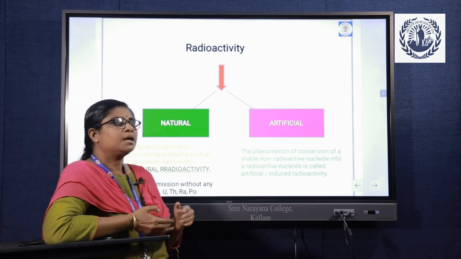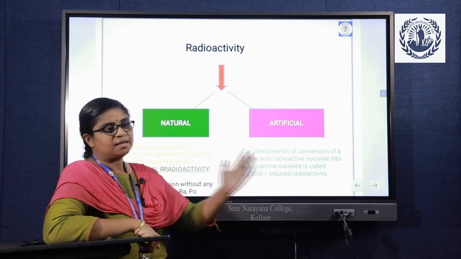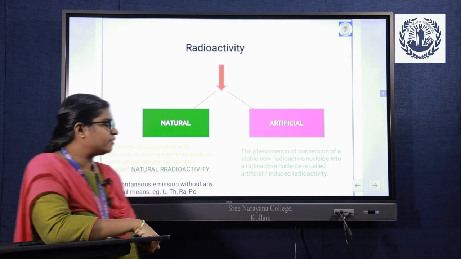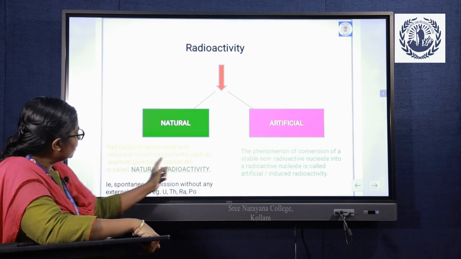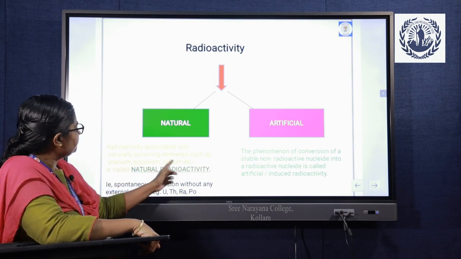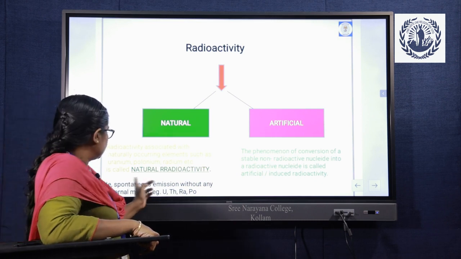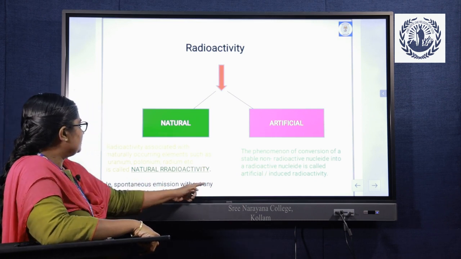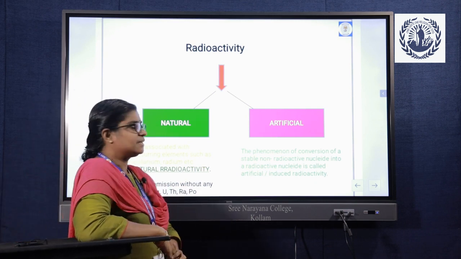Its atomic number will be surely above 83. They have unstable nuclei. So radioactivity associated with naturally occurring elements such as uranium, polonium, radium, etc. is called natural radioactivity. That is, spontaneous emission without any external means is called natural radioactivity.